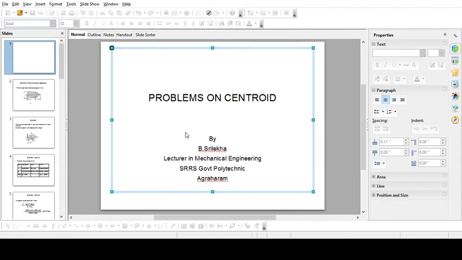Okay. So one is a rectangle of length 100 and height 50. Next is a semicircle of diameter 50 or of radius this much.